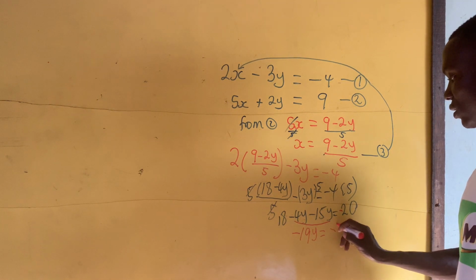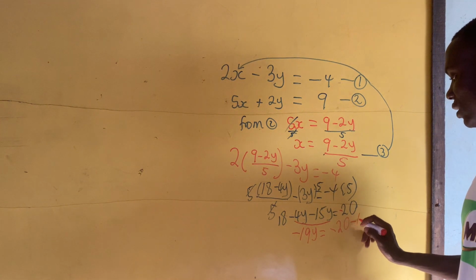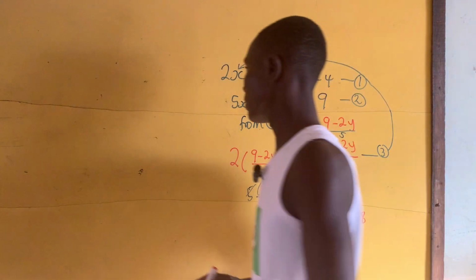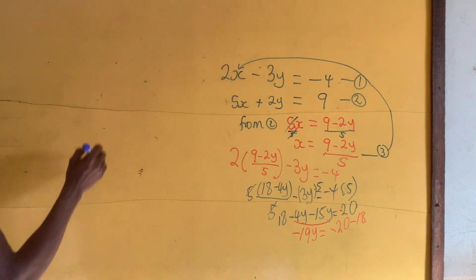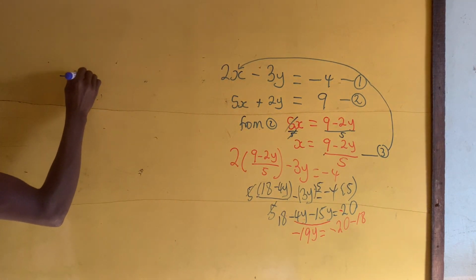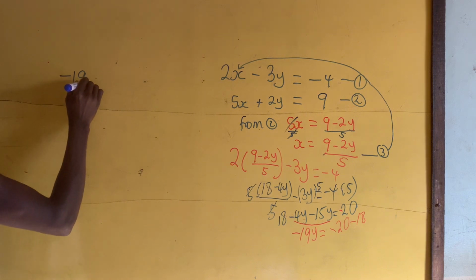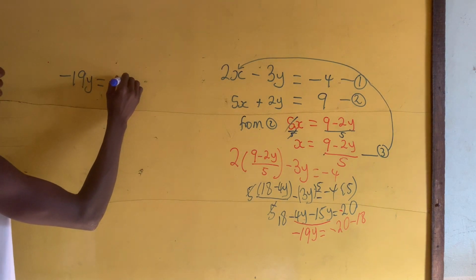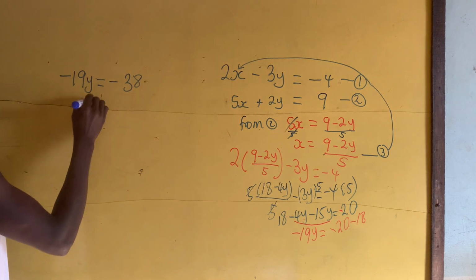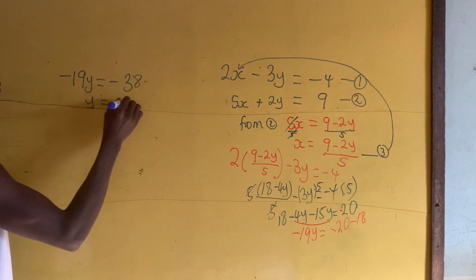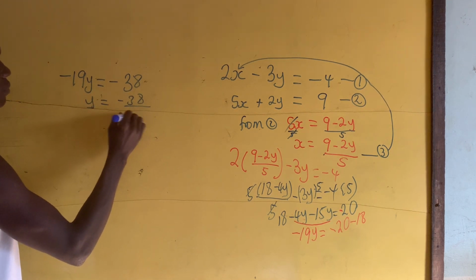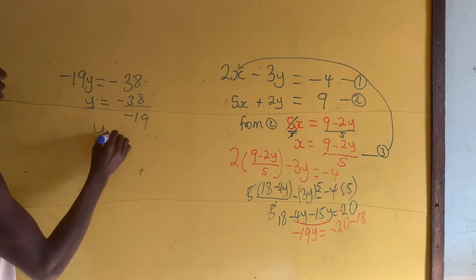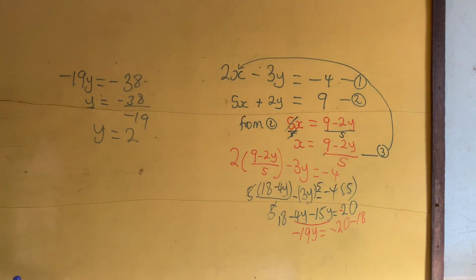So you have minus 20 minus 18 in a very simple way. So this will give us minus 19y equals minus 38. So y is equal to minus 38 divided by minus 19, y equals 2. So now we found our y.